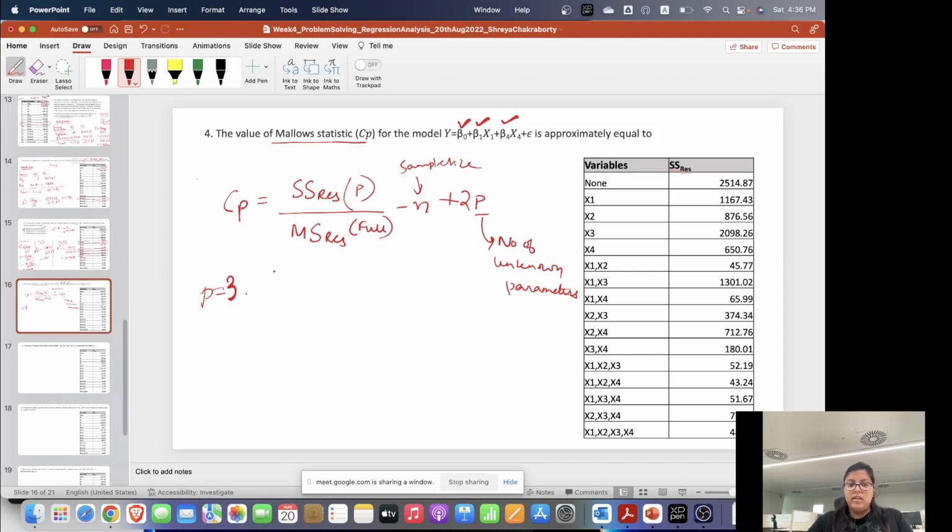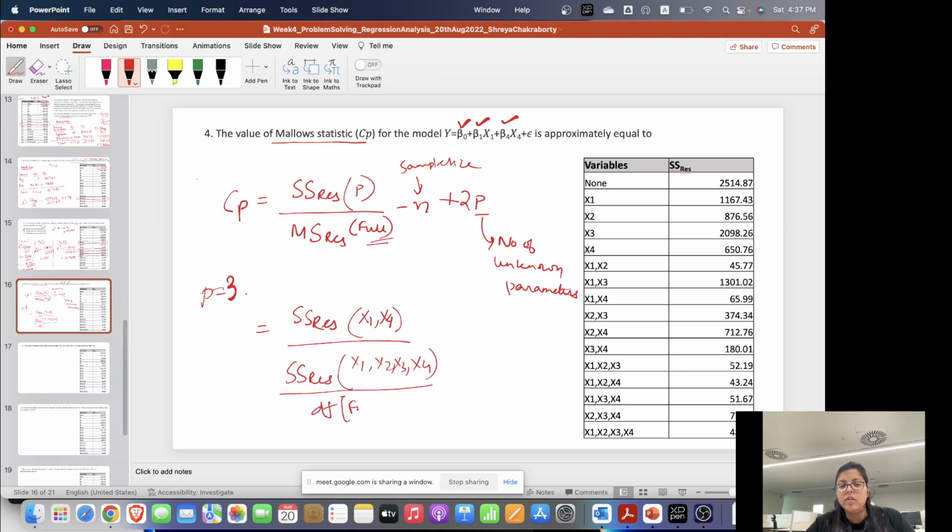So Cp for this model would be the sum of squares due to residuals for the model with these two predictors, divided by the sum of squares due to residuals of the full model, that is x1, x2, x3, x4, by the degrees of freedom of the full model, minus n plus 2p.